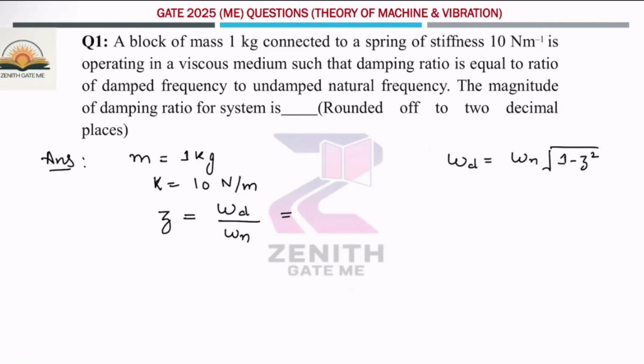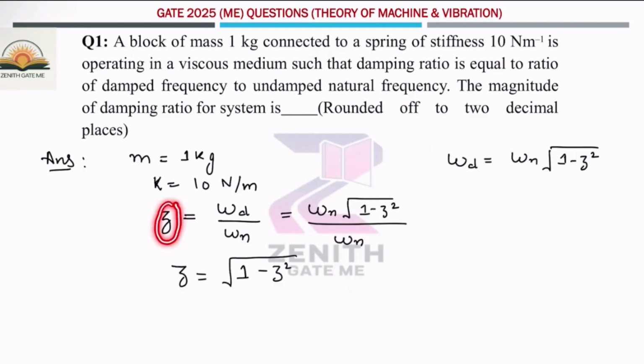So if you plug this omega d value here, omega n root of 1 minus zeta square divided by omega n, this omega n will cancel out. So zeta is equal to square root of 1 minus zeta square. Okay. So you have to calculate in this question, what is the damping ratio? Damping ratio is nothing but the zeta only.